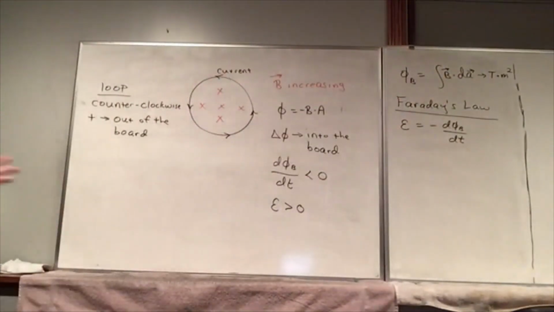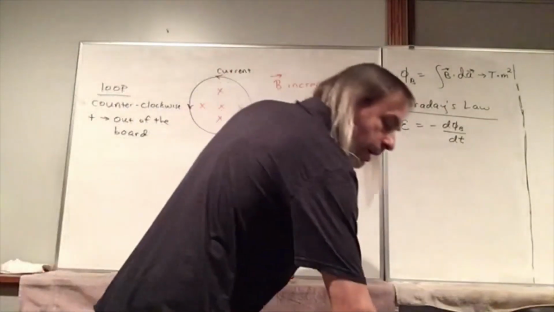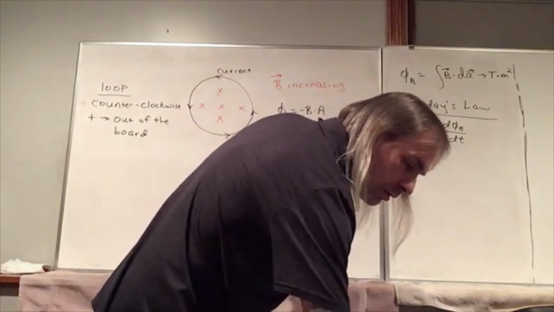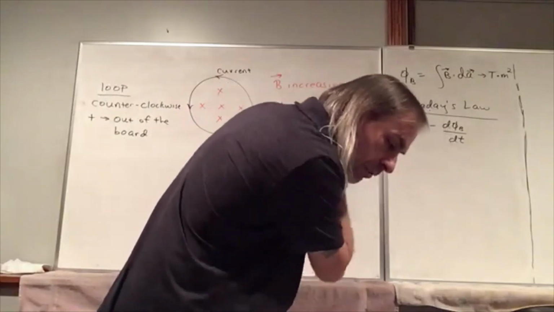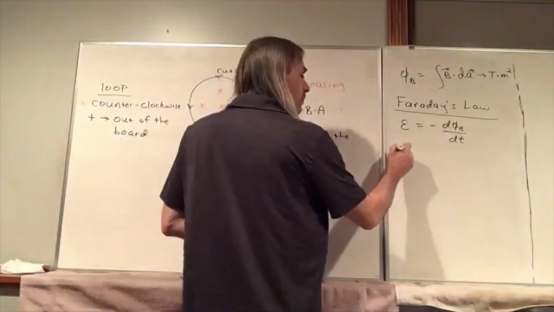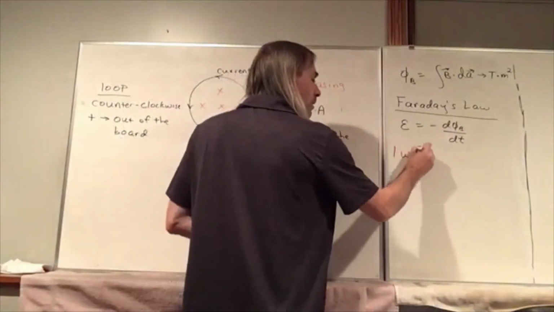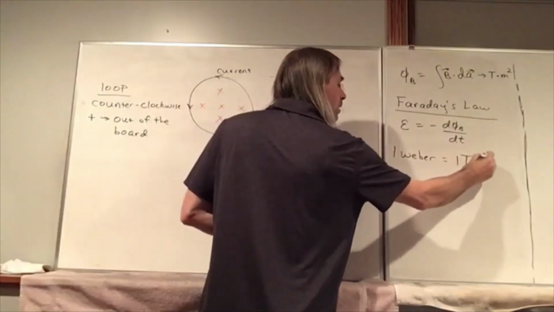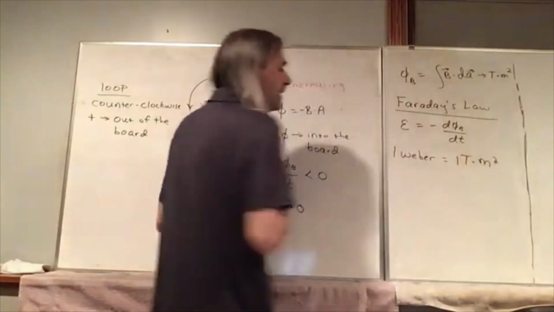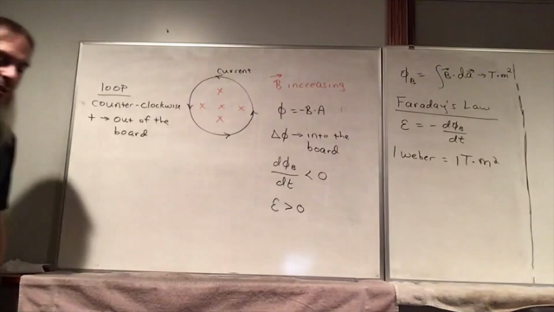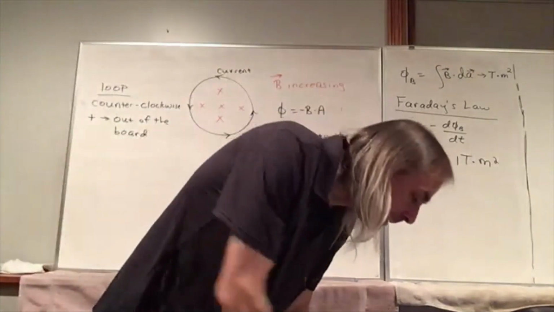We can measure flux in Webers, which is just a Tesla meter squared. It's spelled with a lowercase W-E-B-E-R. So that's sometimes a useful unit. But anyways, it's named after someone. I don't remember his name.